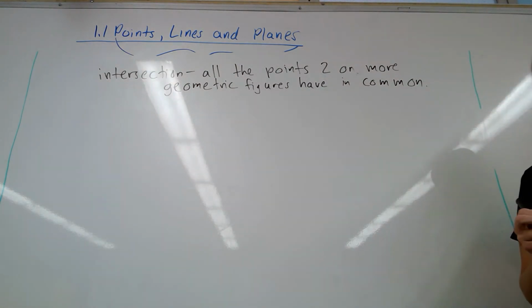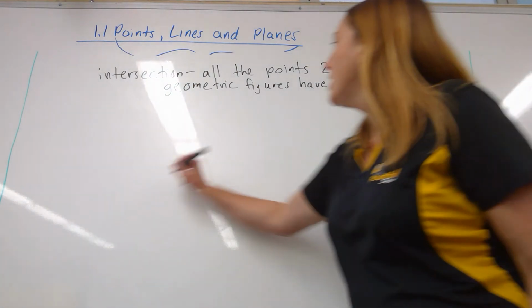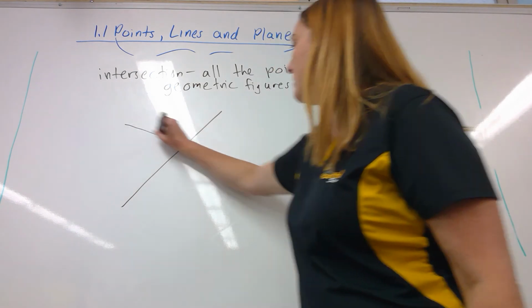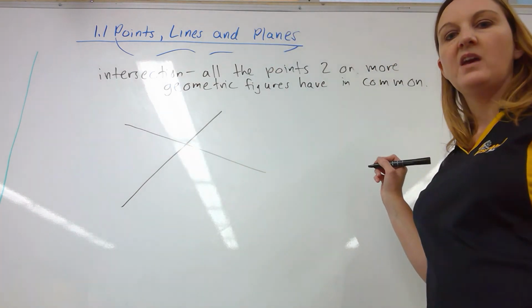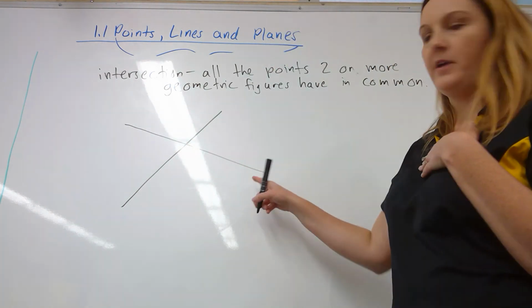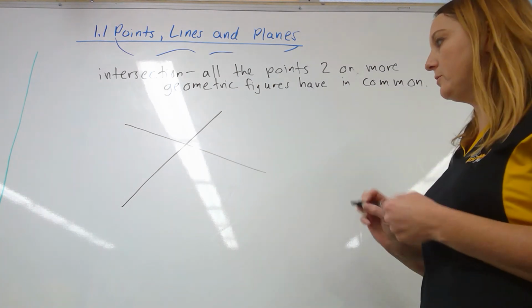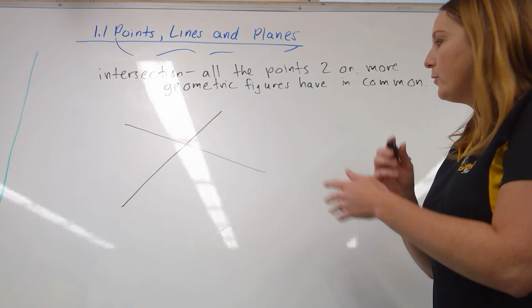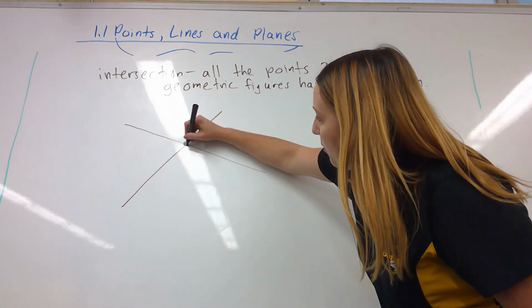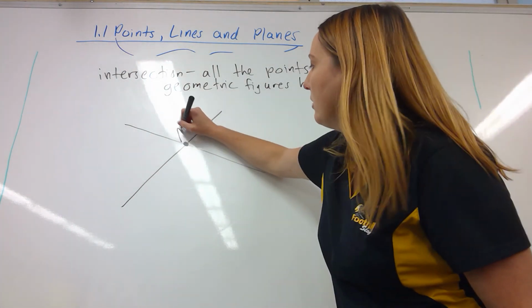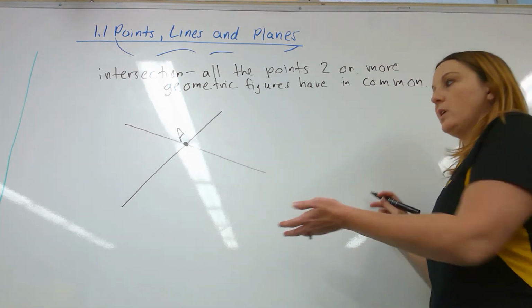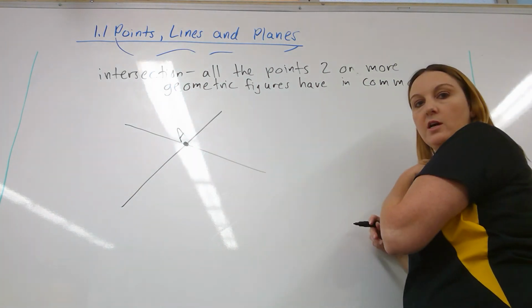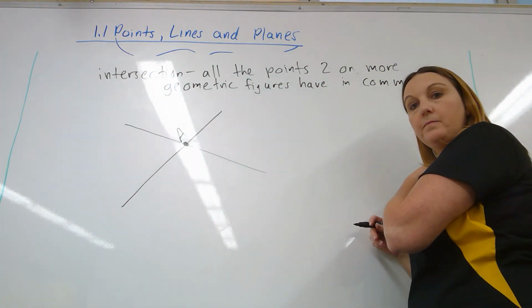So we're going to explore very quickly a couple of different options. You can have two lines that intersect. Sometimes people leave off the arrows just for quickness. I'm going to do that here. I have two lines that intersect. Well, those lines only have one point in common. I'll call it point A. So we would say that point A is the intersection of these two lines.